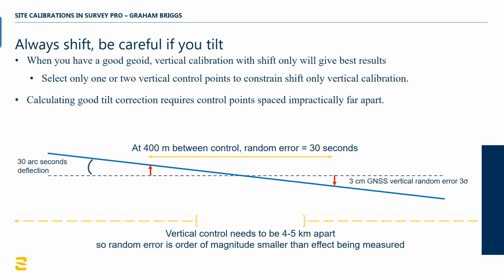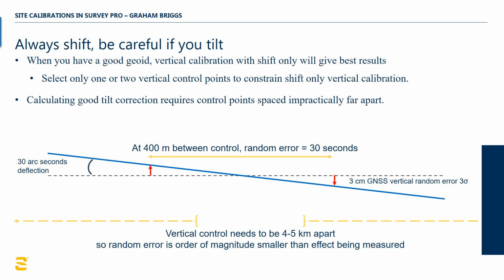Okay, so I'm trying to boil this down to a simple scenario. Imagine the picture before, where we saw the dotted line of the ellipsoid representing that regular geometric surface and the sloped line of the geoid or the gravity surfaces, and there's some tilt in between those two lines. That tilt between those two lines is what a geodesist would call the deflection of the vertical.